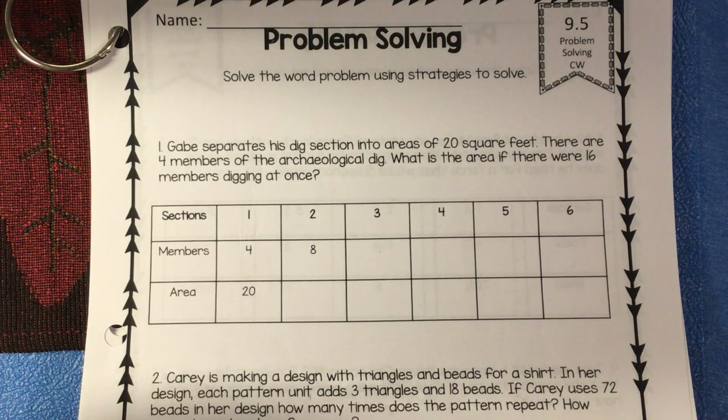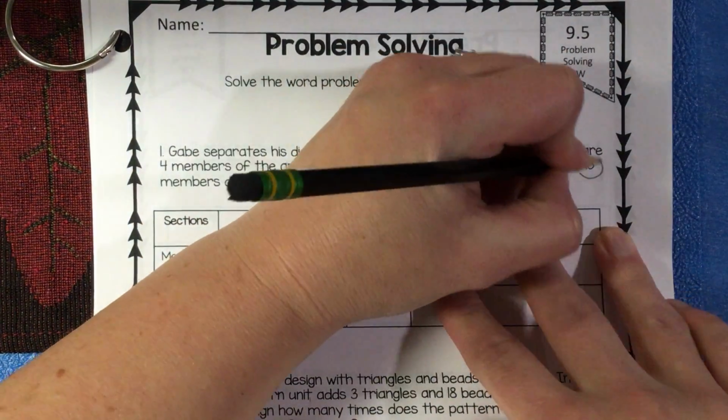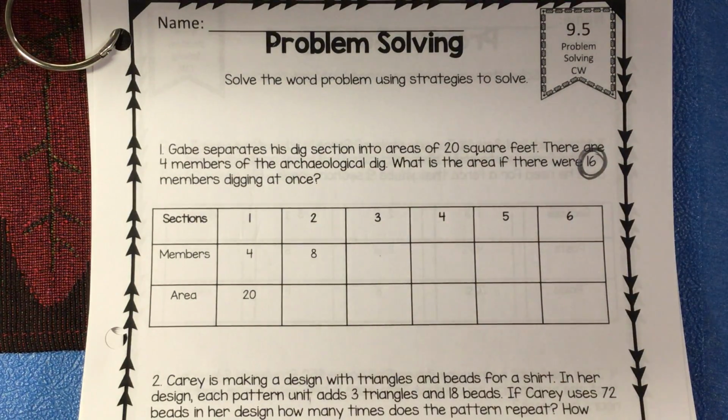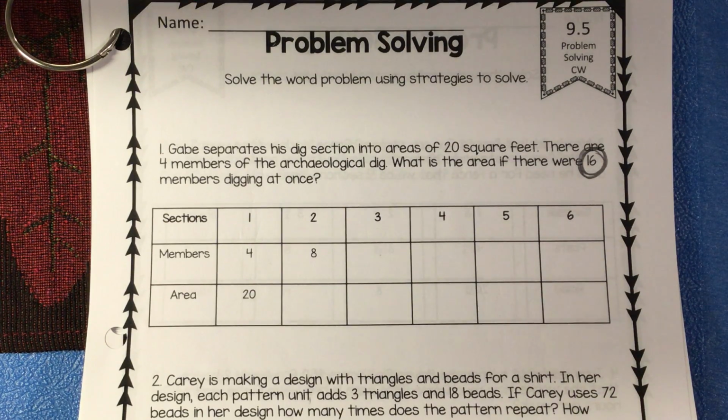I would like you to take your pencil and put a circle around 16, because that information in the chart is going to help us answer the question. Now, do you see a 16 in the chart? No. When we previously did the multiplication with fish, remember it was the bookworms question?